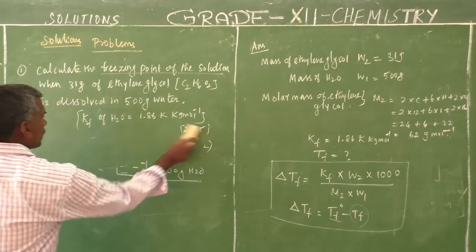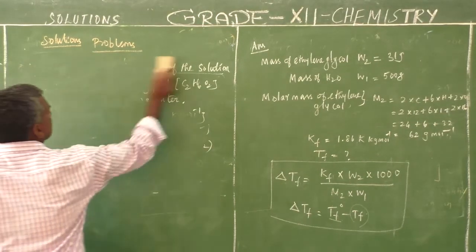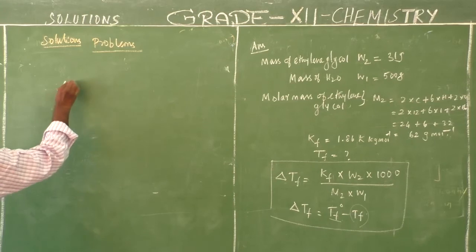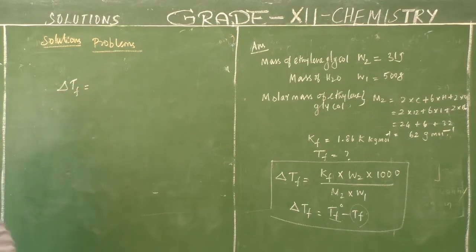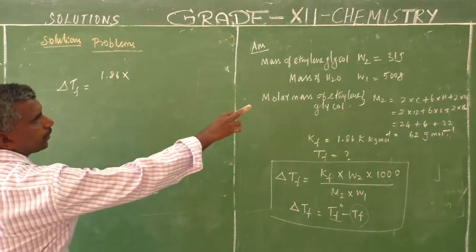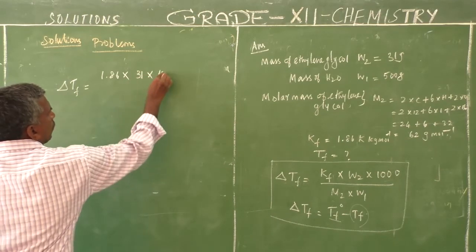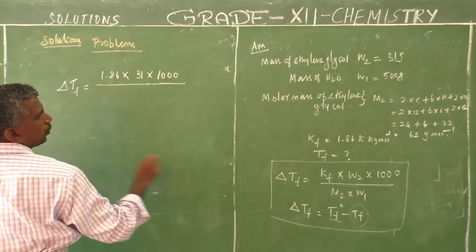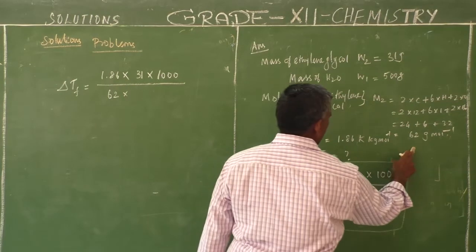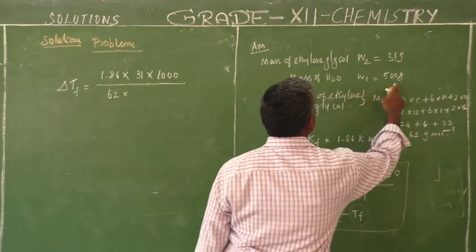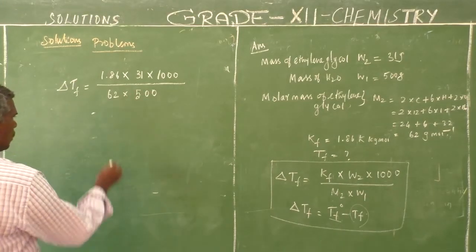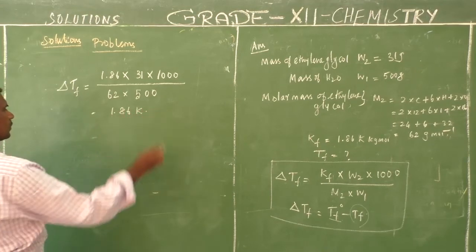Now I will substitute the values. Delta Tf is equal to Kf, 1.86, times W2, which is 31, times 1000, divided by M2, which is 62, times W1, which is 500.